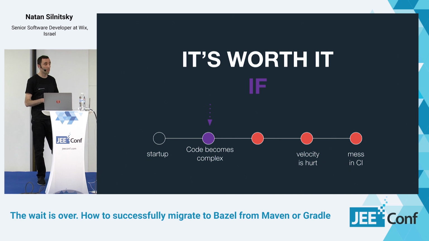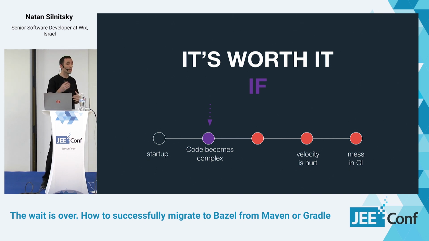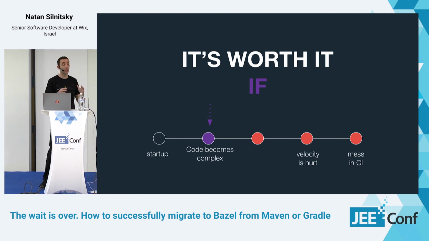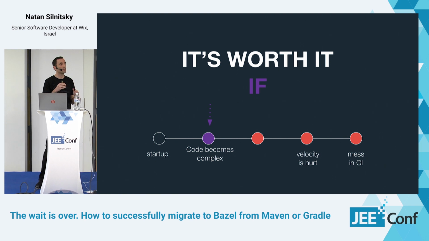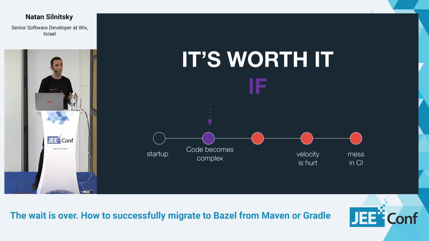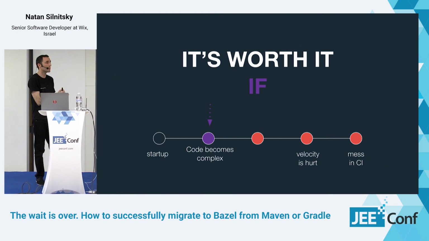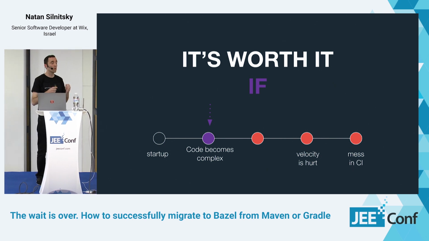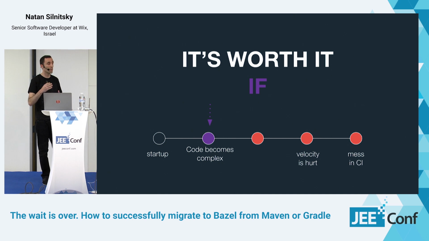And of course, not only do you need to maintain more build files, you also need to change your code to adhere to the isolation and hermeticity principles, right? It gives you deterministic builds. It gives you correct builds, but you will need to change some of your code for that.